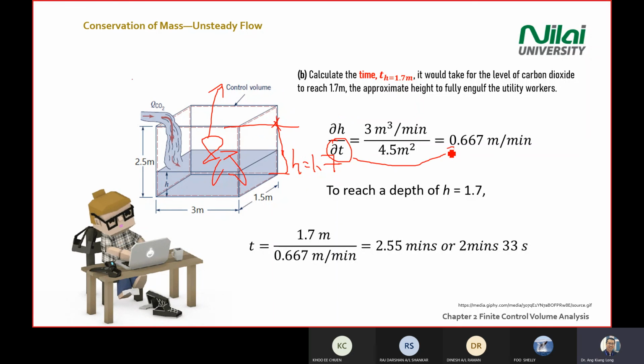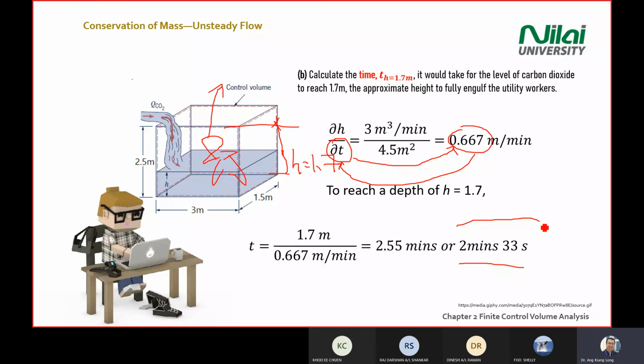You pull your T to the right hand side, pull your 0.667 to the left hand side. Then you have H divided by the rate. So T equals 1.7 divided by 0.667, which is 2.55 minutes, or 2 minutes 33 seconds. So your worker needs to come out from the hole, from the workspace, 2 minutes 33 seconds before your worker drowns in the CO2.